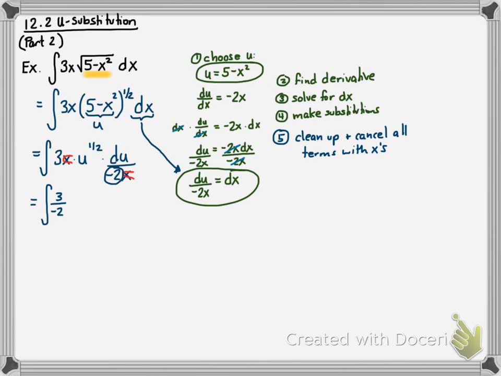So I have 3 over negative 2, and then u to the 1/2 du. We have now completely transformed our integral from x's into the variable u. The entire purpose of doing this substitution is that now we can find an antiderivative.